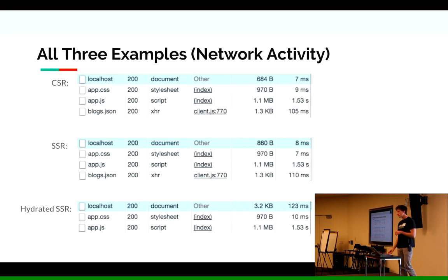Just to kind of look at the network activity and what's really going on. For your client-side rendering example, you'll see that the document stays pretty static, so the file size is a little bit smaller. With your server-side rendering without data hydration, it's definitely a little bit bigger because there is markup inside of that empty application div.